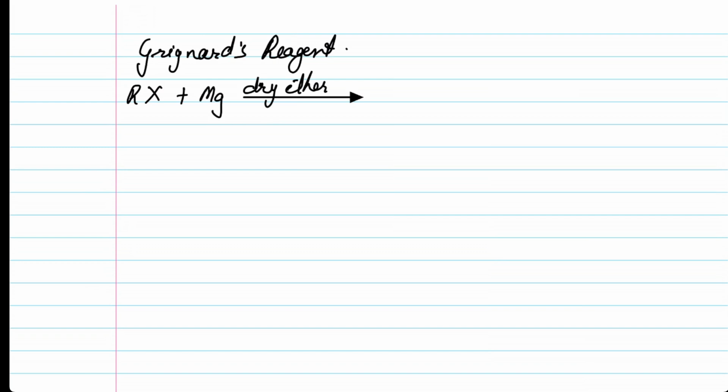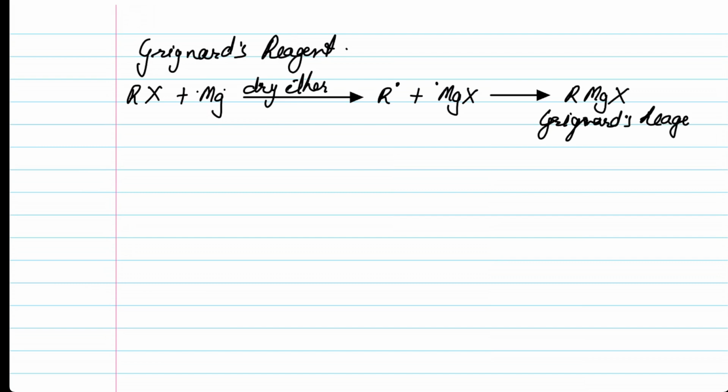Now, magnesium has two electrons in the outermost shell. So when magnesium reacts with RX, it is going to form R radical and it's going to form MgX. Now, magnesium has another electron with it. So this is going to react and it's going to produce RMgX. Now, RMgX, alkyl magnesium halide, is what we know as the Grignard's reagent.